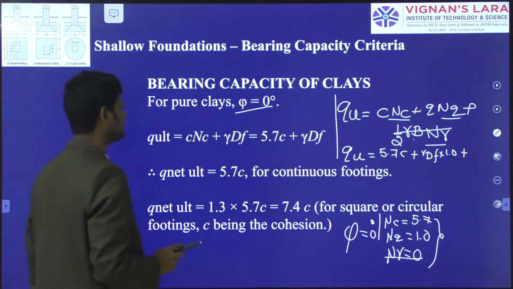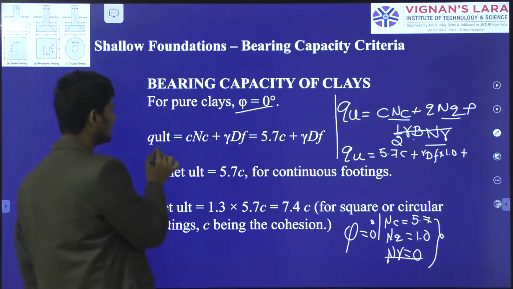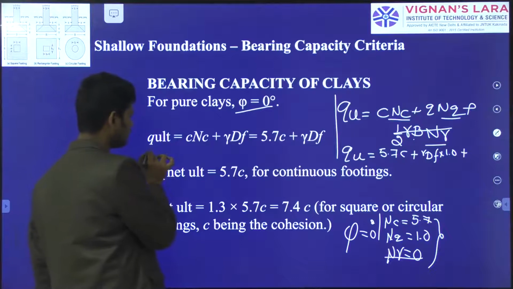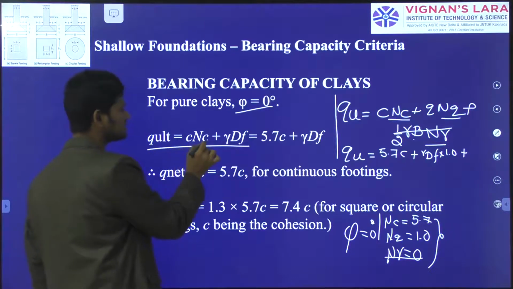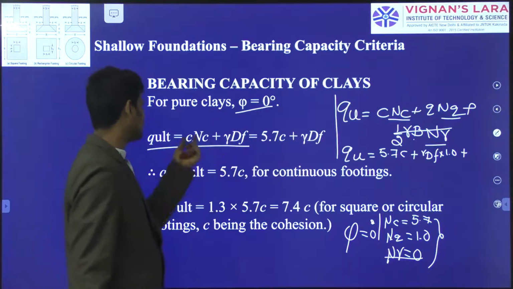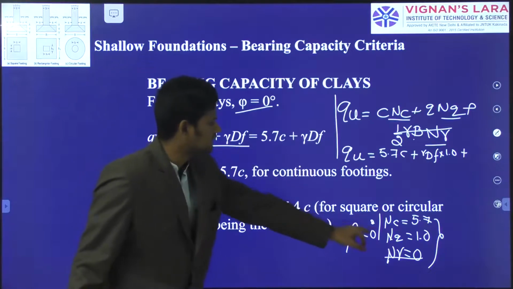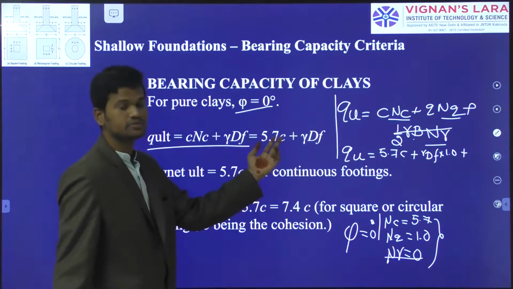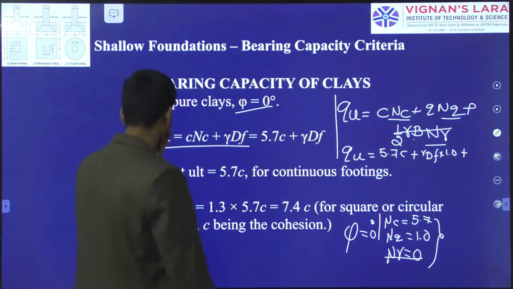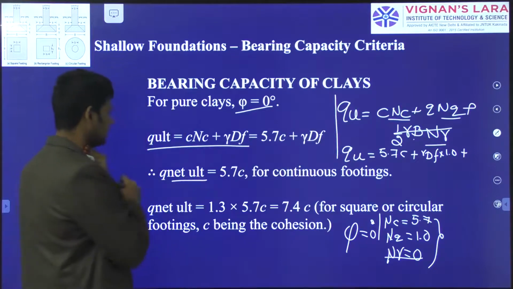So the ultimate bearing capacity for pure clayey soil is Qu = cNc + gamma Df, where Nc is the bearing capacity factor for phi equal to 0, that is 5.7 into c plus gamma Df.